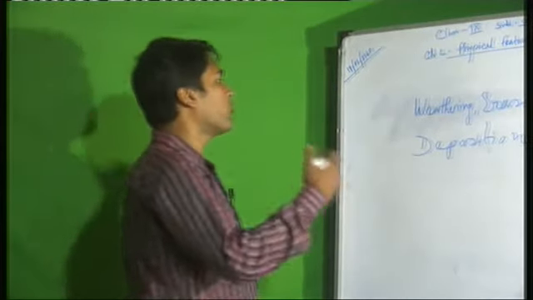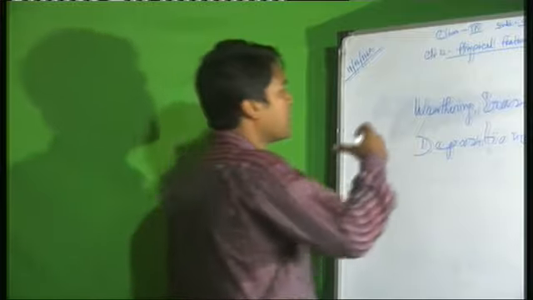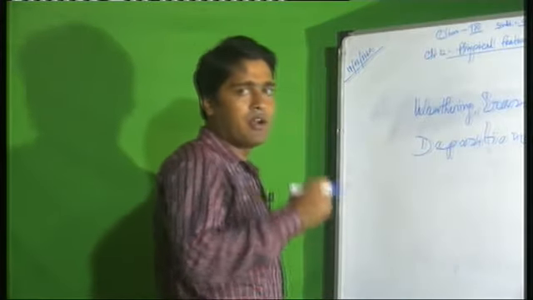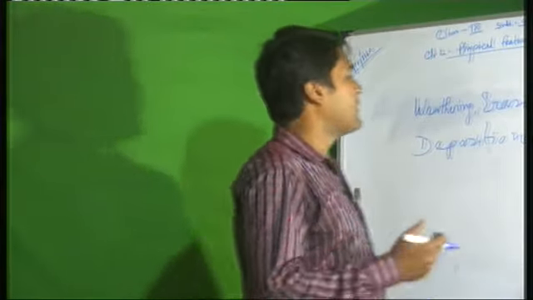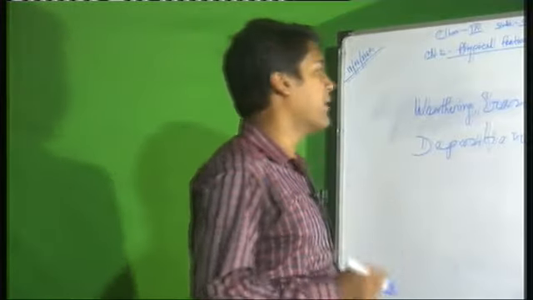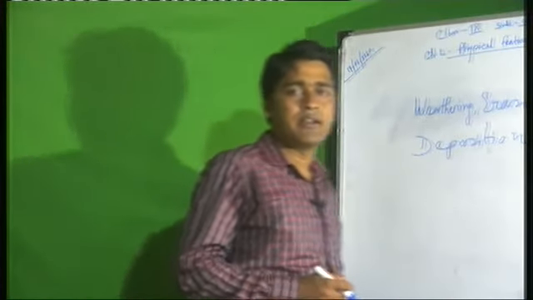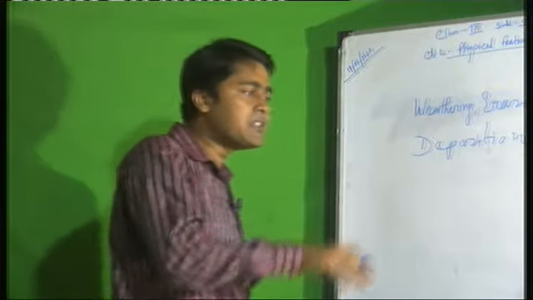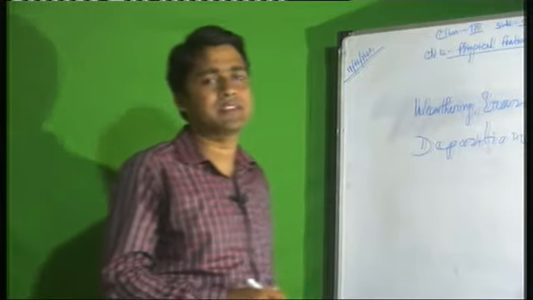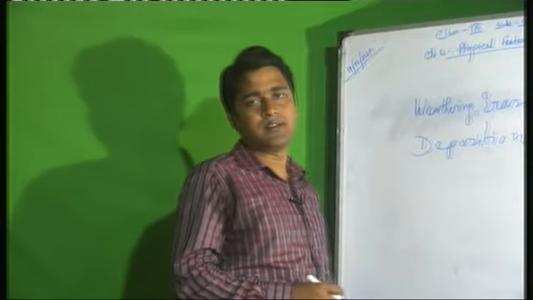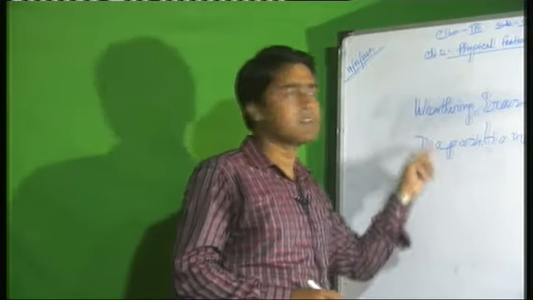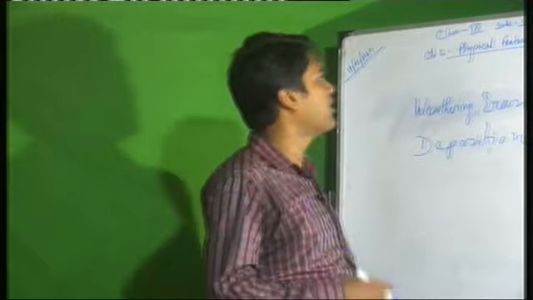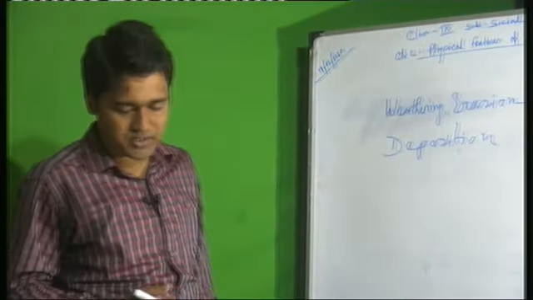After the completion of the weathering process, this weathered material will be carried by some agent like water, air. This is called erosion. And this eroded material, when deposited on a particular place, is called deposition. So these three processes are very important for the formation of physical features.